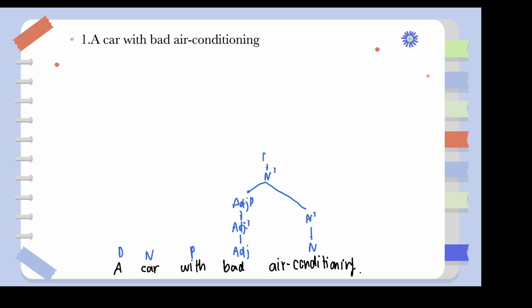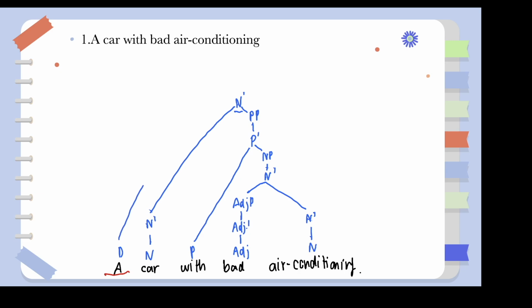And then in this N bar we have NP to match it with P to be P bar with bad air conditioning, and nothing modifies P bar here, so we have PP, prepositional phrase. And here we come to car, we have N bar, and car with bad air conditioning. So we have another N bar here, since we still have the D to attach to it.